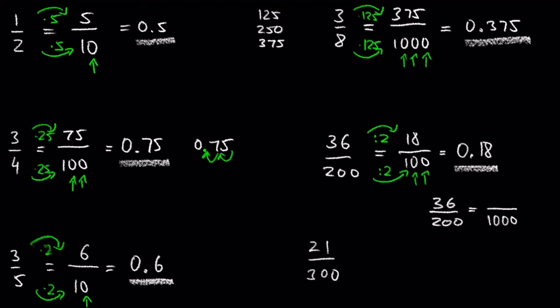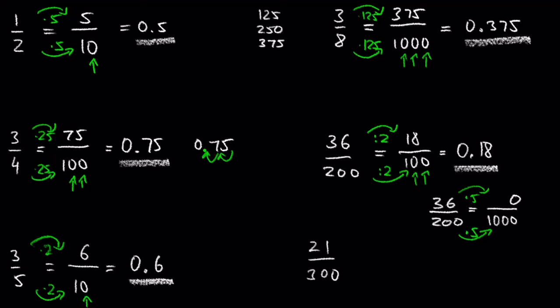200 fits into 1000 exactly 5 times. So 200 times 5 is 1000. And 36 times 5 is... 5 times 6 is 30. Write the 0 and carry the 3. 5 times 3 is 15. 15 plus the carried 3 is 18.